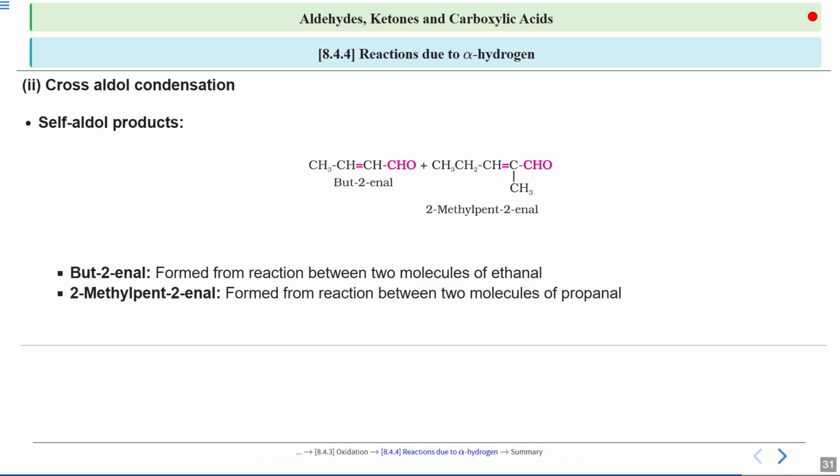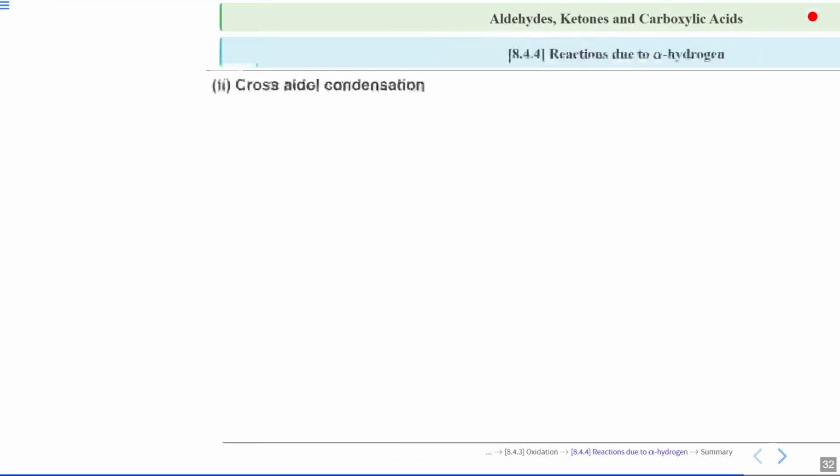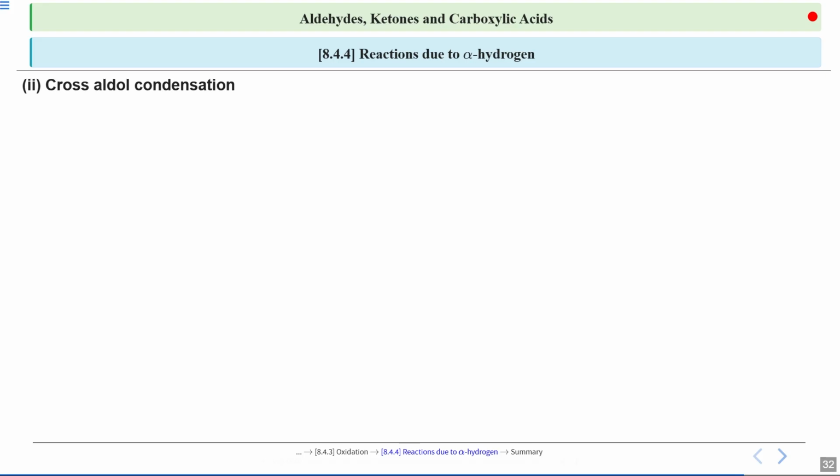So these are self-aldol products. The mechanism is the same, you can try it by yourself. So this is the product between 2 molecules of ethanal, and this is the self-aldol product between 2 molecules of propanal. So these are the 2 self-aldol products, and next we will see cross-aldol products.